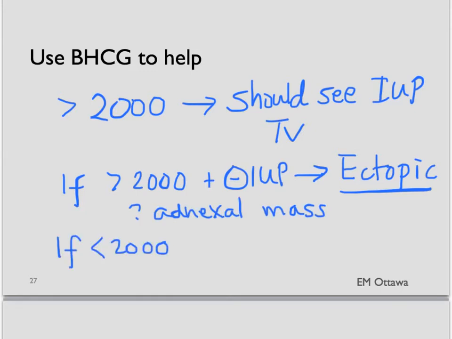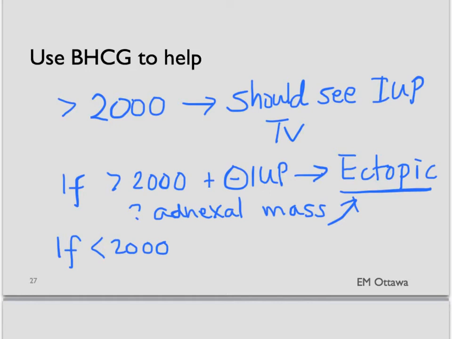What if it's less than 2,000 and we don't see any intrauterine pregnancy because we don't expect to see it? Now, if there are any worrisome things on the ultrasound like adnexal masses, we will still be worried about an ectopic. However, if we don't see anything at all, the patient doesn't have free fluid, they are stable, their beta is less than 2,000, and we can't see anything at all on the ultrasound, it can still be a very early intrauterine pregnancy or an ectopic.